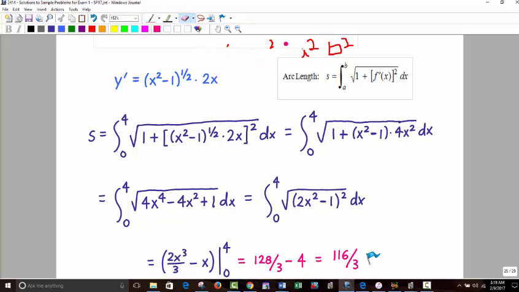Now, I can't go inside that parentheses where that minus 1 is, but nor do I want to. So the x squared minus 1 to the 1/2 squared is just x squared minus 1, and then 2x quantity squared, you got to square the 2, don't forget. A lot of people make that mistake.